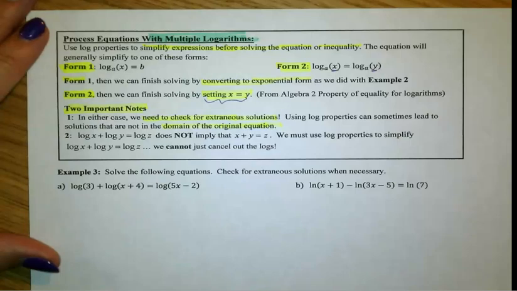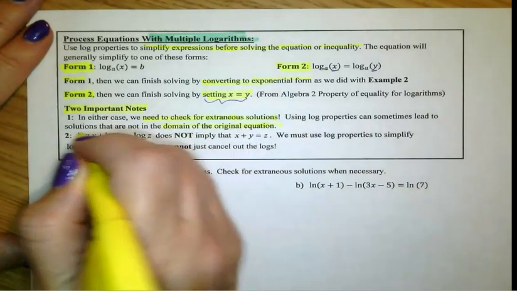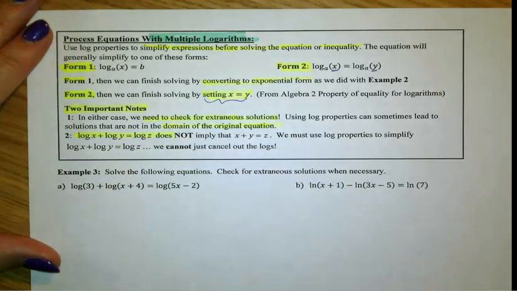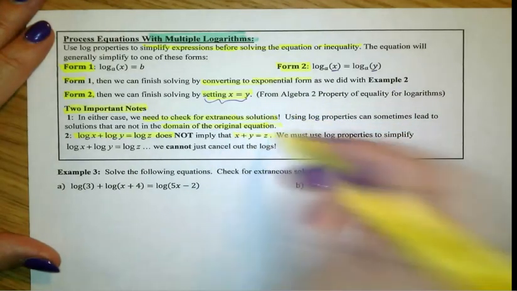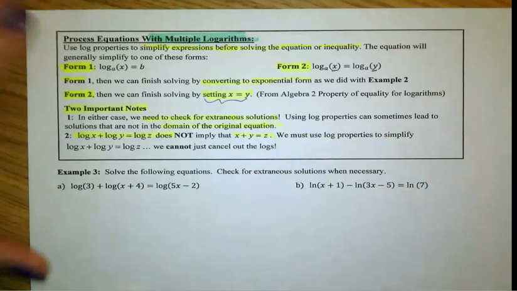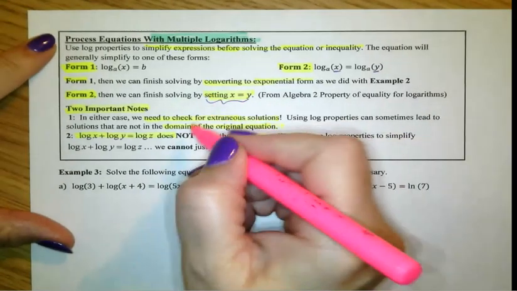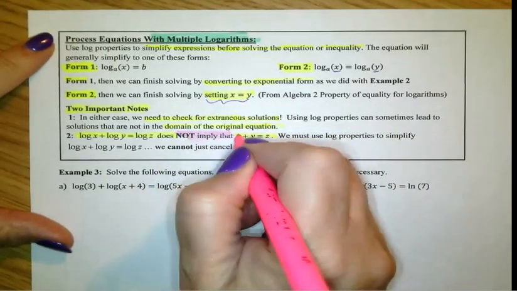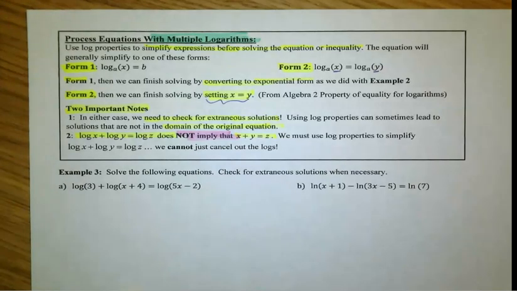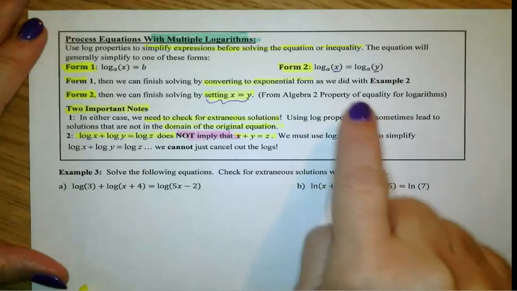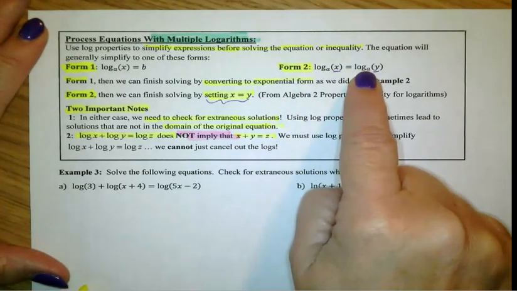The second thing is, when we have log of x plus log of y equals log of z, that doesn't mean we can just cancel out the logs and do x plus y plus z. It is not implied that you can do that. In fact, you can't. Remember, we can use our condensing rules to condense down, so I have one log on each side.